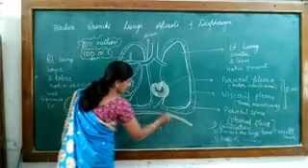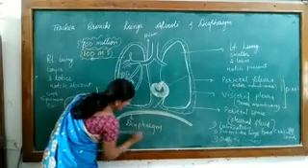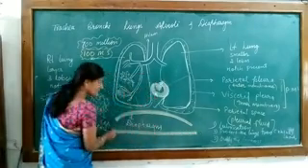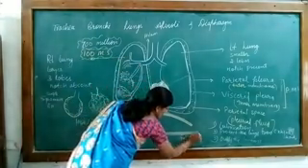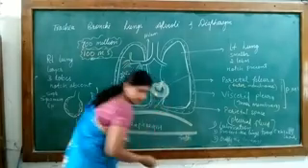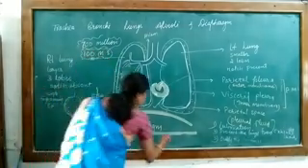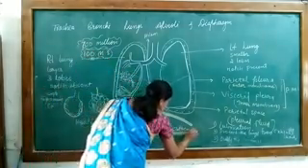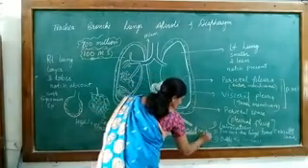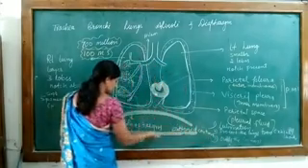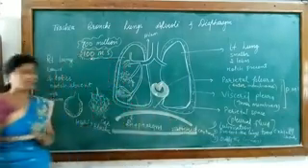This is the relaxed, dome-shaped position. It gets flattened during contraction. When it contracts, it is in a straight position, and when it is relaxed, it is in the dome-shaped position.